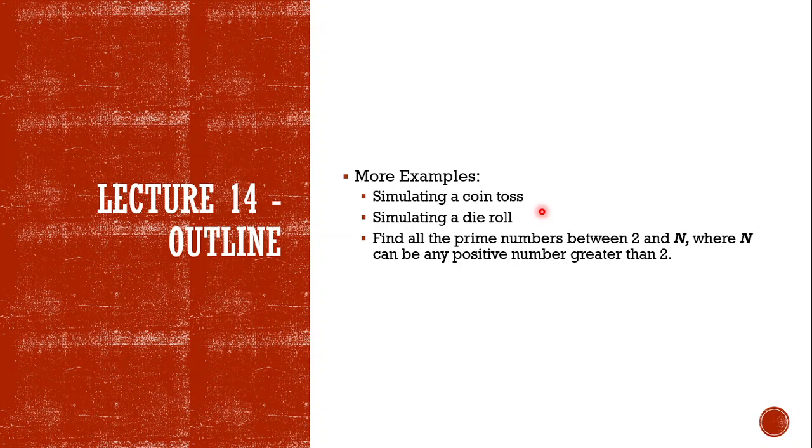The possible outcomes that you can have when you roll a die is one of those six outcomes. So you can get either 1, 2, 3, 4, 5, or 6. And for a fair die, all these outcomes are equally likely. So each outcome can occur with equal probability, just like for the toss.